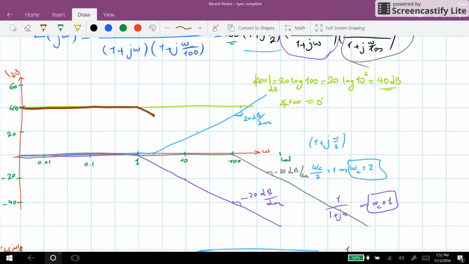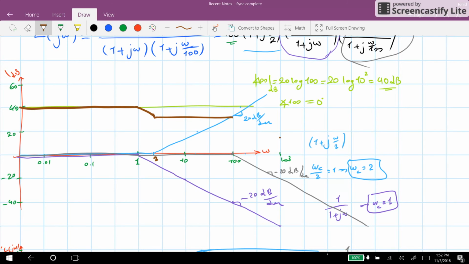Then at omega equal to 2, afterwards we see the effect of the zero. And until omega equal to 100, we will have a constant value, because the pole and zero will cancel each other's effect, and we will have 0 decibel per decade.